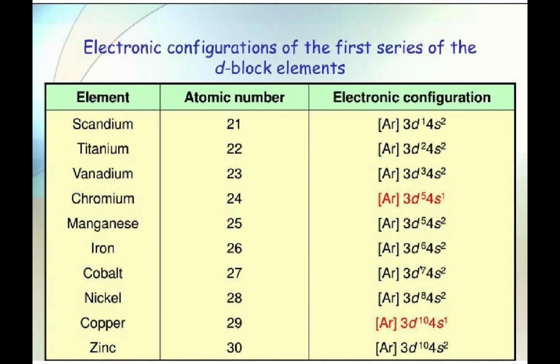So with that we come to the end of another awesome session, and I hope all of you have a clear idea of the transition and p block elements, part 2.